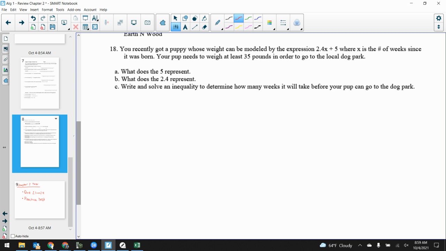Okay, what does the 5, just a single 5, represent? Would it be number of weeks? Nope. X is the amount of weeks. Noah? The way it started at? The starting weight. Very good.